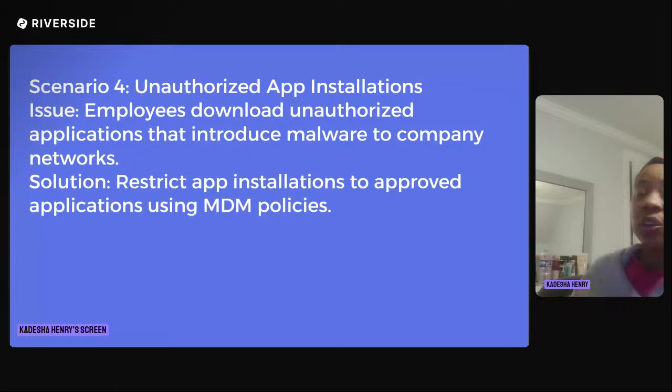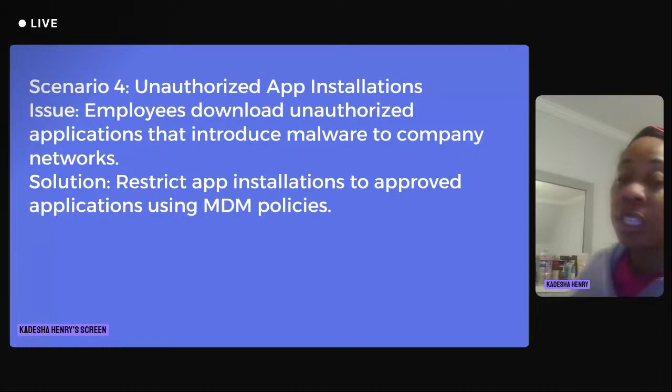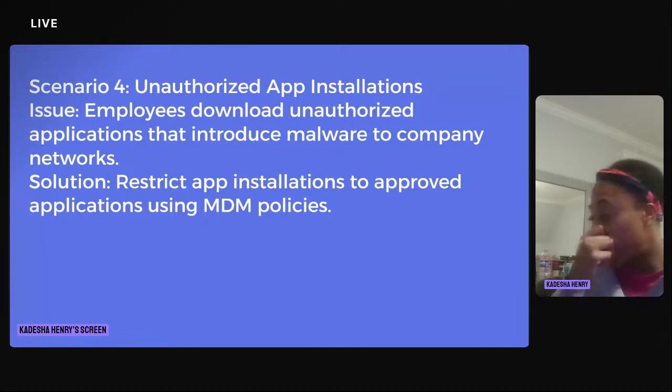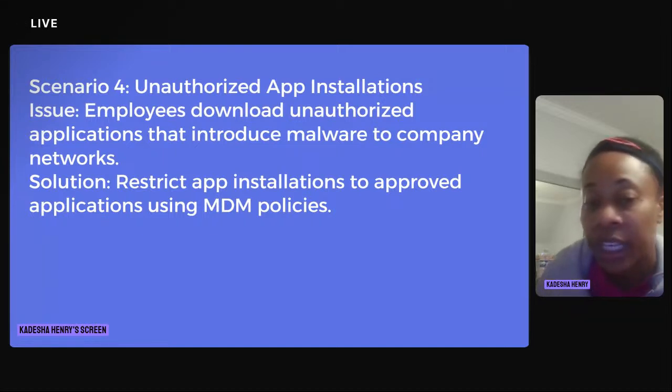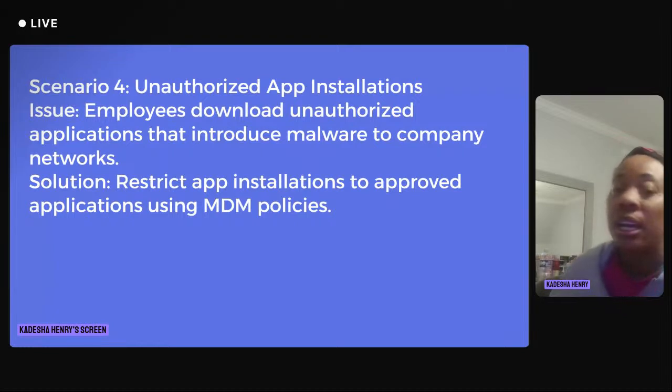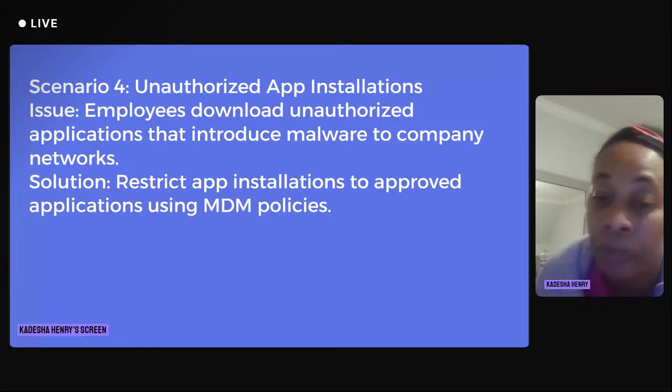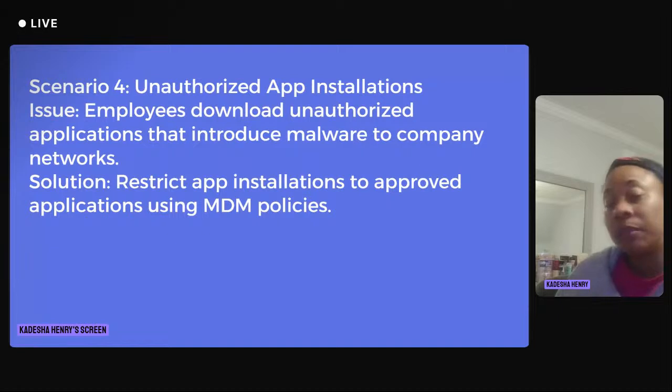So the solution is to restrict app installation to approved applications using the MDM policy. So the MDM policy also has its own restrictions. If the company has the MDM system, it enforces restrictions on the applications you can install.